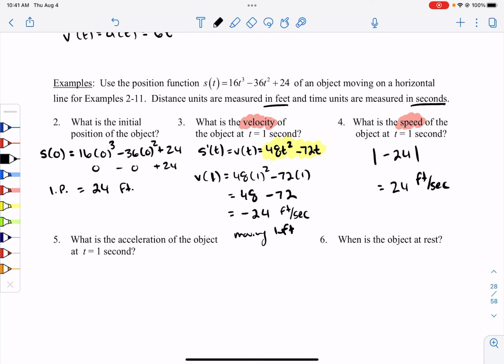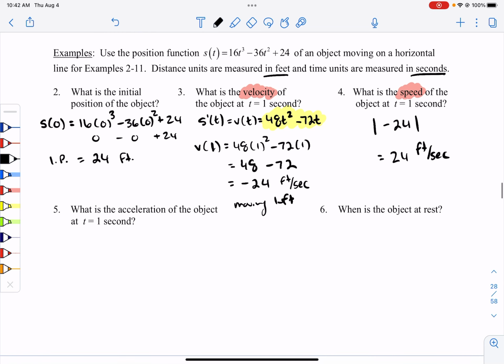Simple enough, right? My speed is the absolute value of my velocity. It doesn't matter which direction I'm moving, I'm going 24 feet per second, or my object is. It doesn't even tell us what the object is that's moving.